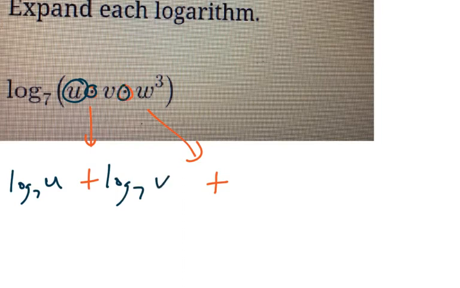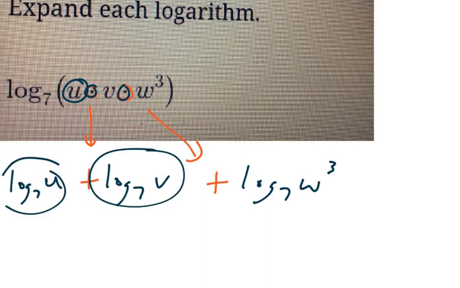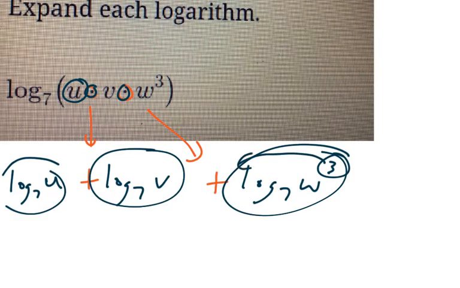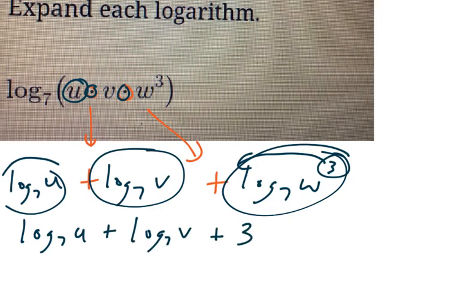That times with a w cubed became log base 7 of w to the 3rd. And if you look, that and that, you can't do anything more. This has a 3 power, which we'll bring in front and multiply. So we have log base 7 of u, log base 7 of v, plus 3 log base 7 of w. So times becomes plus, divide becomes minus, powers become multiply.